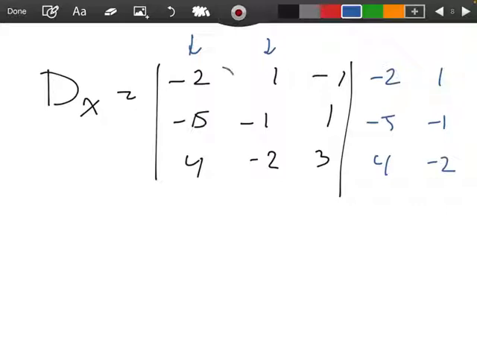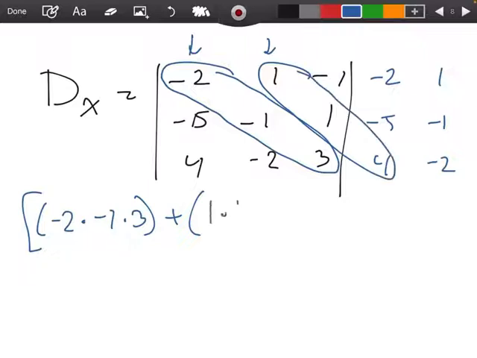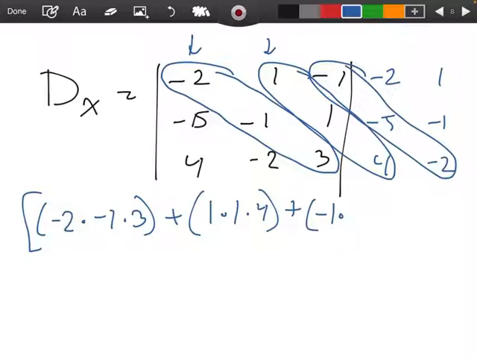Again, we're going to go along the main diagonal. We're going to multiply these numbers here. Okay, so -2 times -1 times 3, plus we're going to go along here, 1 times 1 times 4, okay, plus we're going to go along here, -1 times -5 times -2.